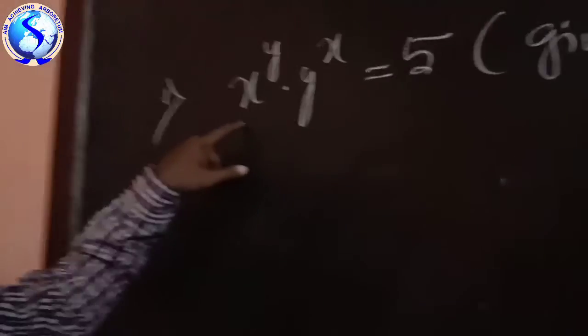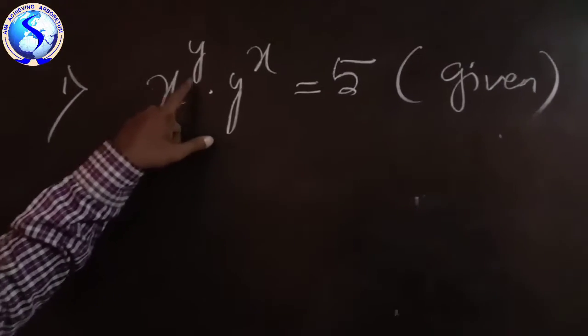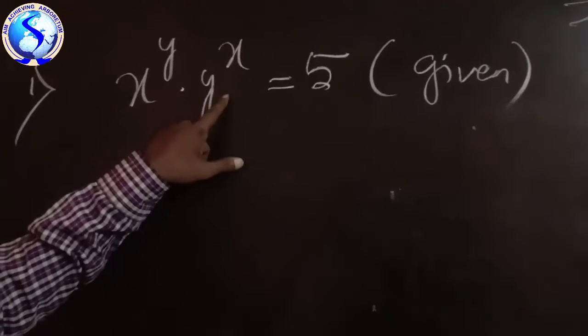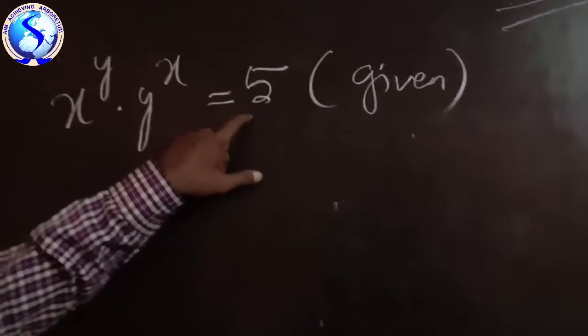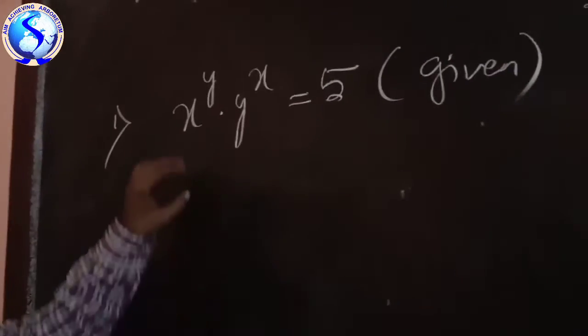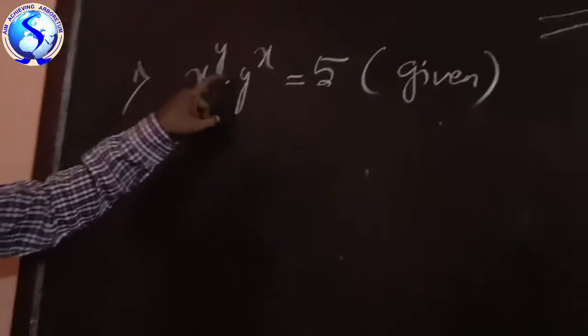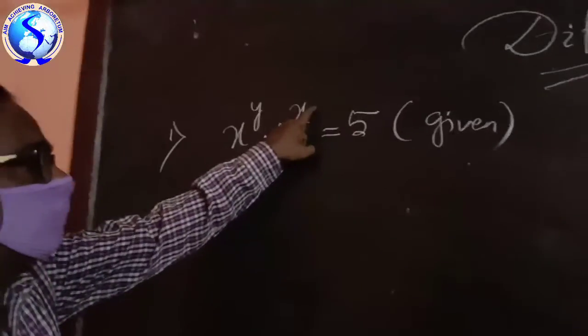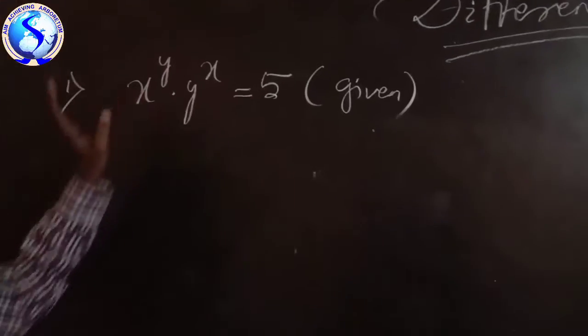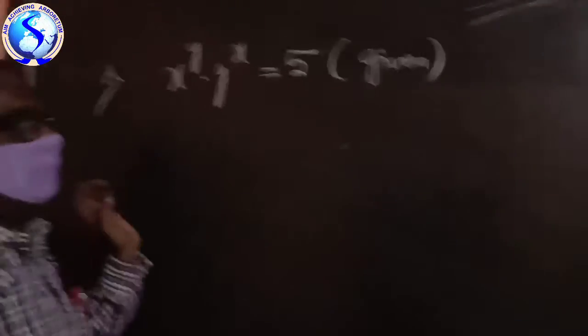See question number 1. It is given x to the power y into y to the power x is equal to 5. If the question is of the form function to the power function into function to the power function equal to something, whatever it may be, how to solve this question is what you have to decide.